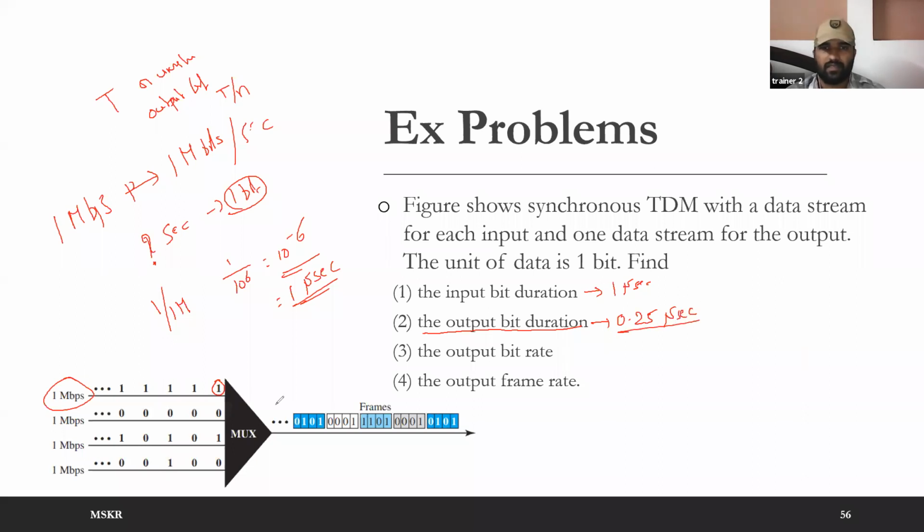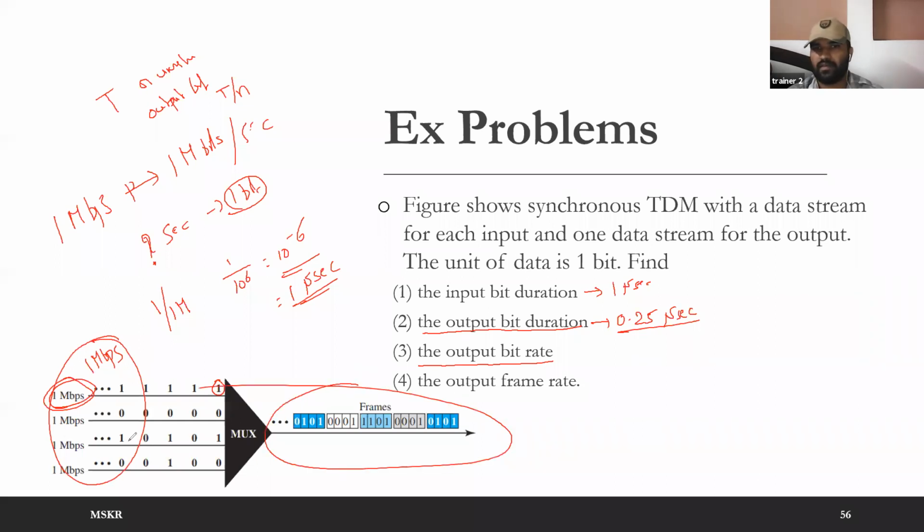Okay. Now, what is the output bit rate? If each input is sending data at a rate of 1 Mbps, when there are 4 users, what is the output data rate? You can get this by doing the problem in two ways.